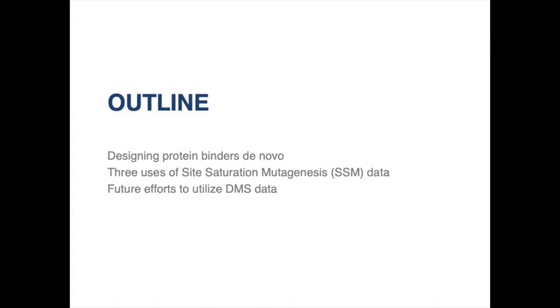That's a pipeline that I think is really nicely representative of how a lot of the protein engineering projects go in the Baker lab. And in particular, it's a really great example of how people use site saturation mutagenesis data in order to understand and improve the proteins that they've designed. And I'll talk also about some of our ongoing and future efforts to use this sort of data.